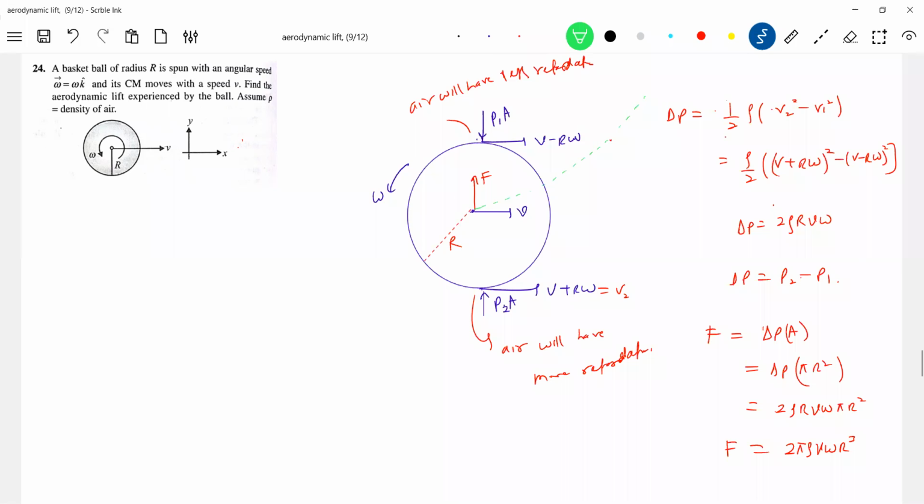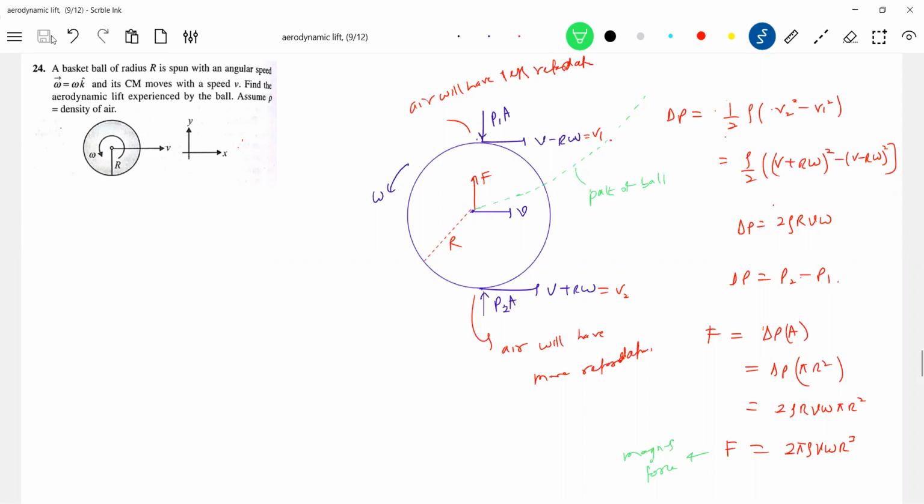This F is called the Magnus force. Where do we use it? I think most of you like cricket, no? Reverse swing. Do you know reverse swing? We are going to use the Magnus effect. The reverse swing is all about the Magnus effect only.